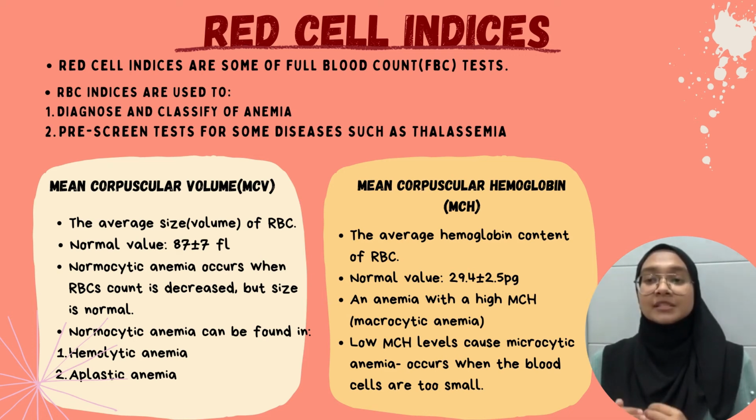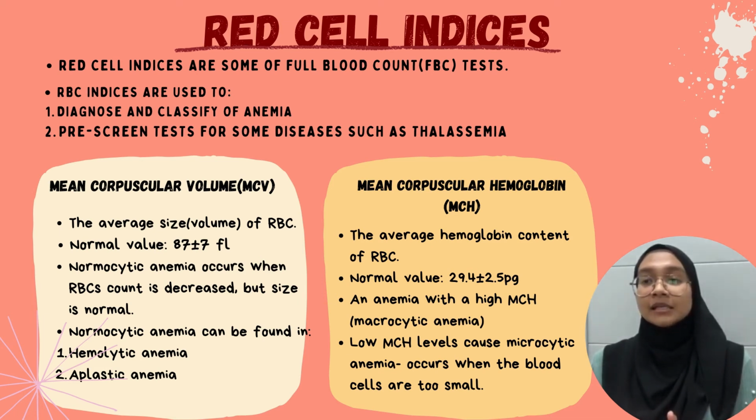MCV is the average size of RBC. The normal value for MCV is 87 plus or minus 7 femtoliters. Normocytic anemia can occur when the RBC count is decreased but the size is normal, and it can be found in hemolytic anemia and aplastic anemia.